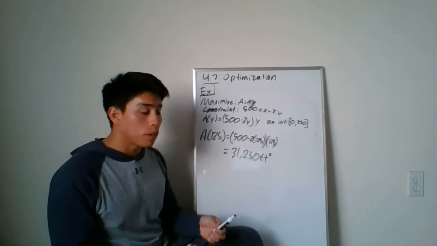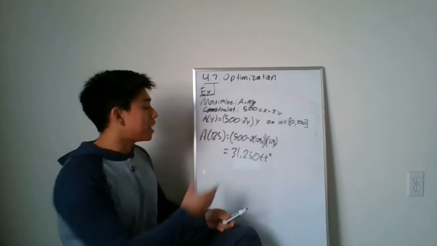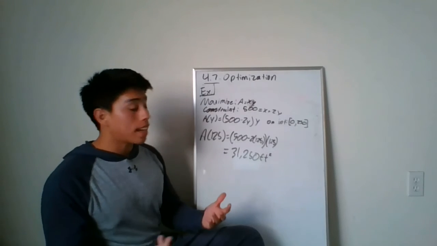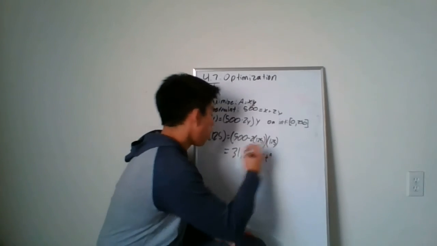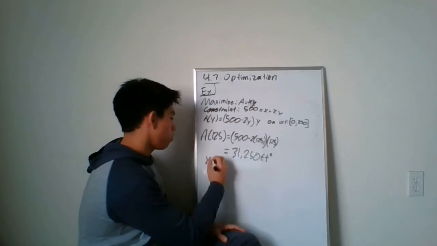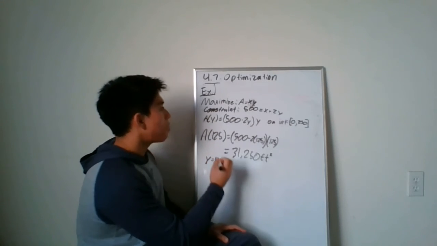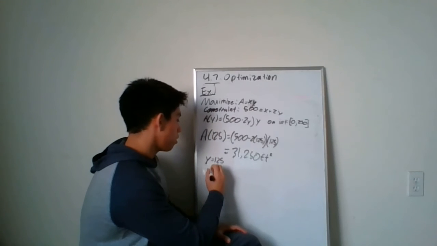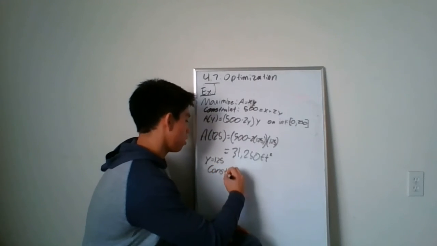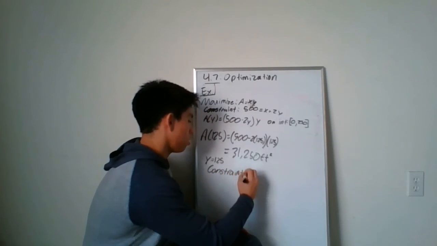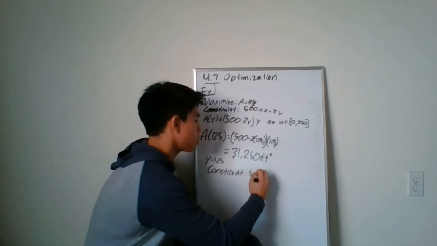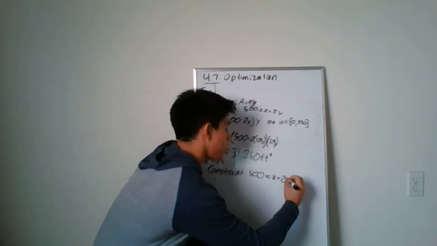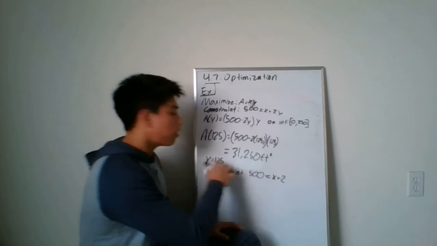However, what our problem really wants is the dimensions that give us 31,250 feet squared. And the way to find that out is just plugging our Y, which was 125, back into our constraint. So our constraint was 500 equals X plus 2Y, and we can just plug in 125.